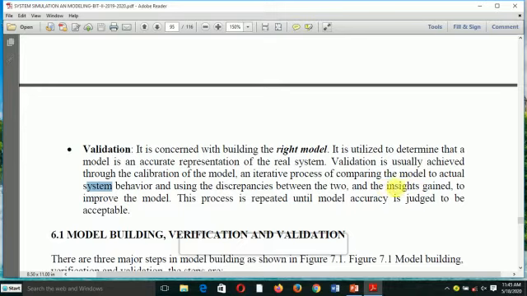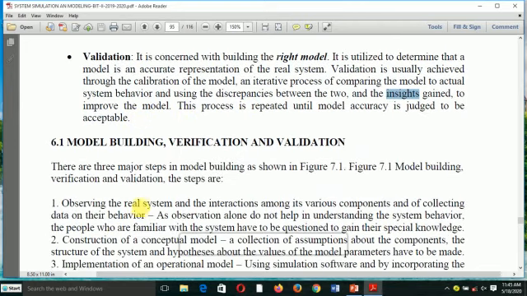If you get some insights and see that there are some differences, you have to improve the model so that it reflects the real system. So you have to repeat it until the accuracy of your model is judged to be acceptable, meaning 100% reflecting the real system.